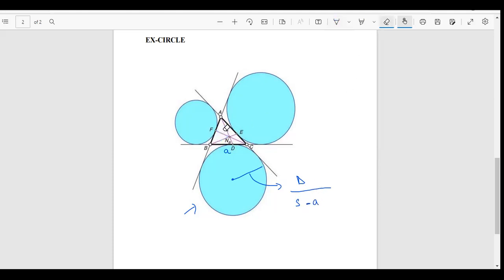This is going to give me the radius of this circle right here.